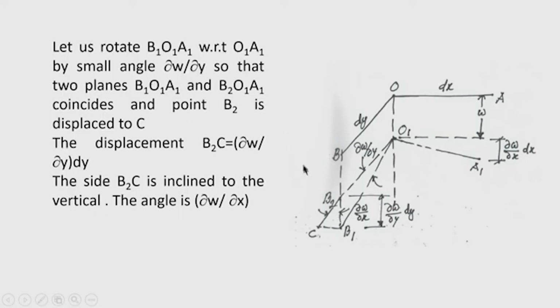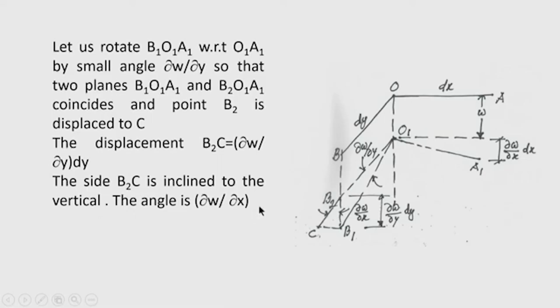So that the two planes B1 A1 and B2 O1 A1 now coincide, and the point B2 is displaced to C. That will actually be the shearing deformation, B1 C. So, we are now interested in finding the displacement B1 C.